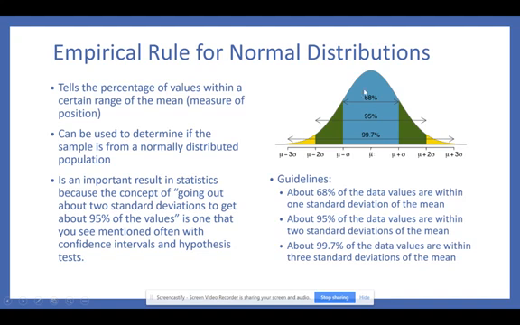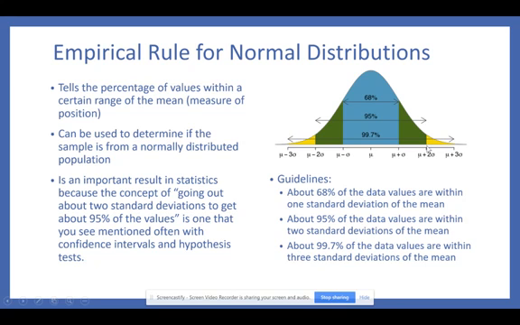Now remember, because this is symmetric, half of the 68 is to the left and half to the right. So it's 34% if I go 1 below and 34% if I go 1 above, for a total of 68.